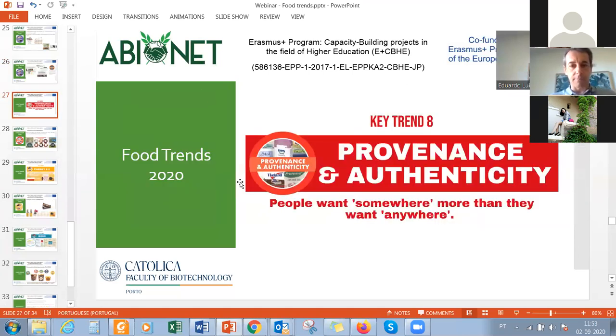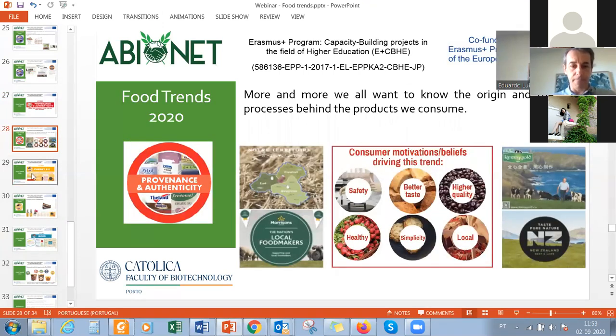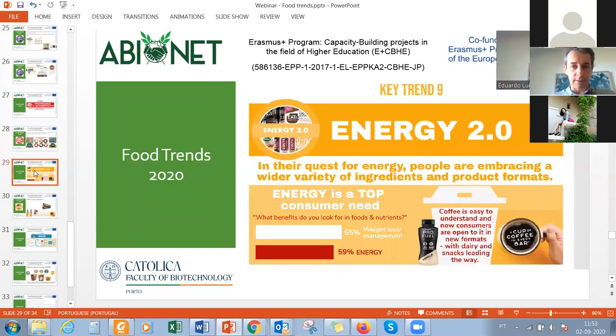Another trend that we already mentioned is authenticity, keeping it authentic. Those are the local makers and some issues driving the authenticity trend. Another trend is the look for energy.